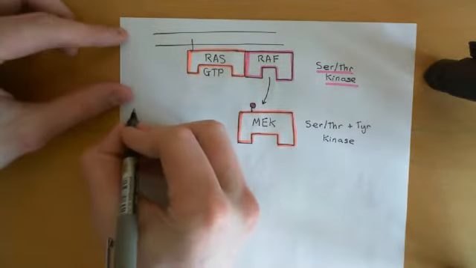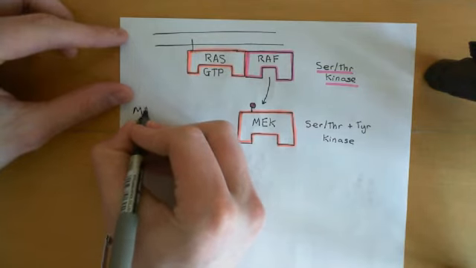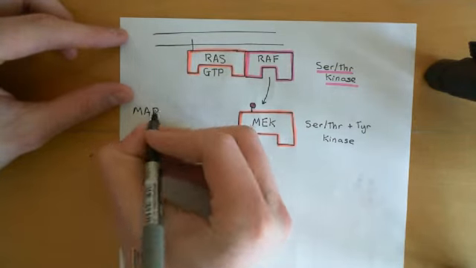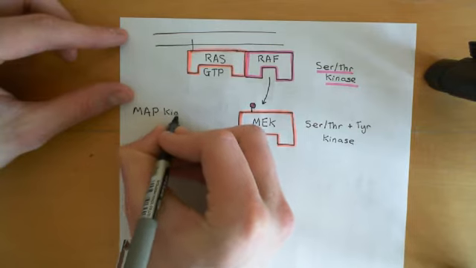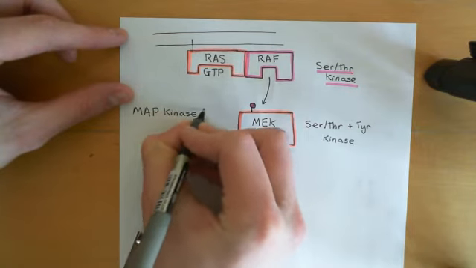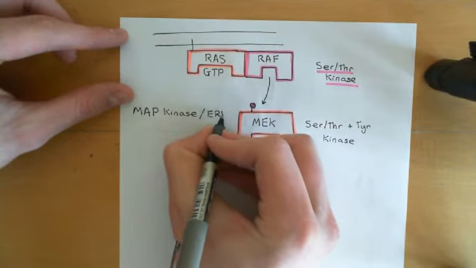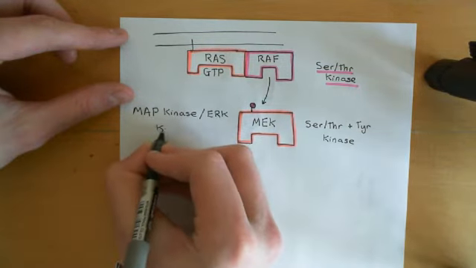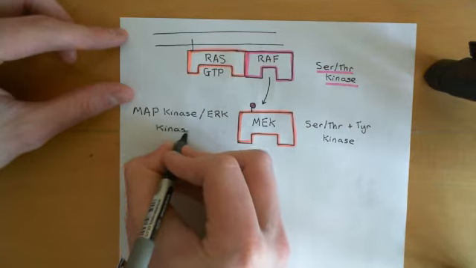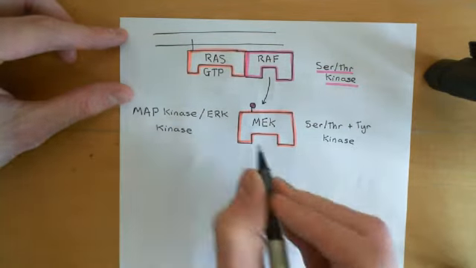Okay, so what does the MEK enzyme stand for? Well, its name stands for MAP kinase/ERK kinase. That's what the M is for, and then the E is for ERK. So it's the kinase enzyme for MAP kinase or the ERK enzyme.